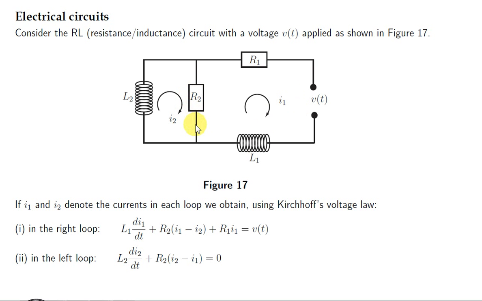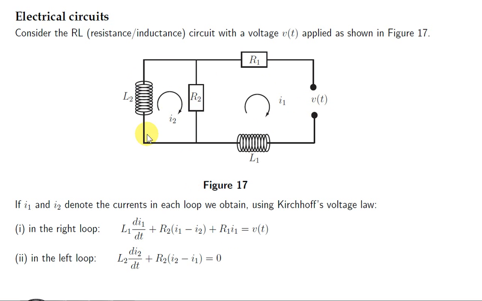So this potential will be negative for I2. So we have I1 R2 minus I2 R2 as the potential across this resistor. So we can write it like this, and then we have I1 flowing through R1, so that's the voltage across the second resistor, and that must equal the voltage source V of t.